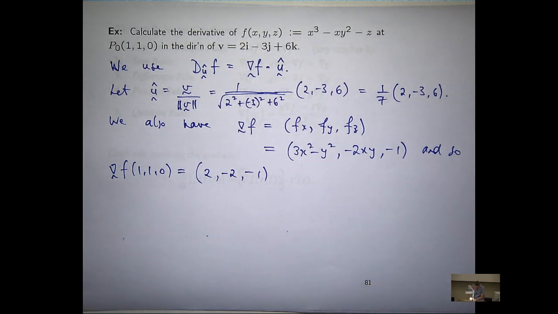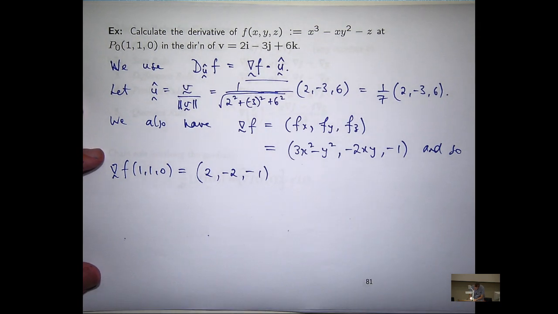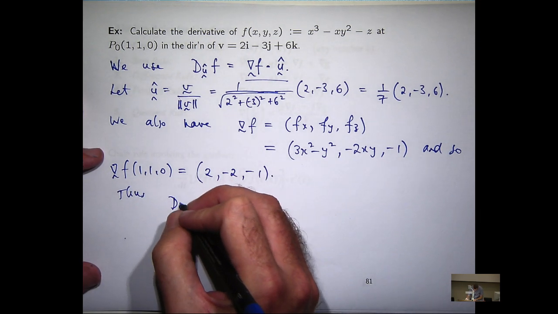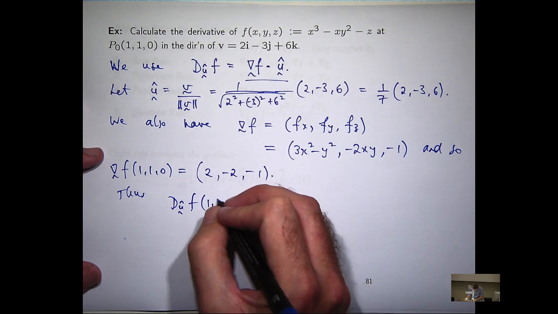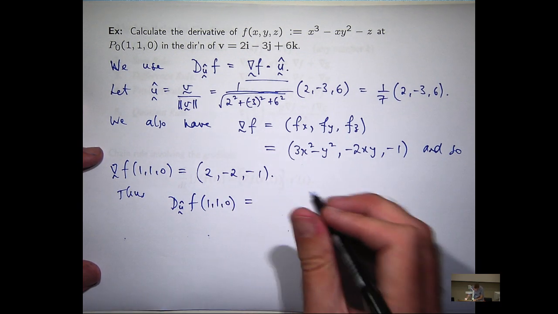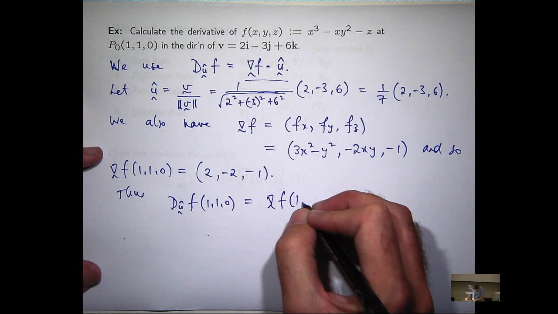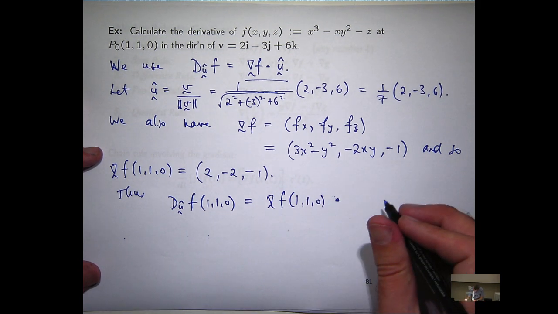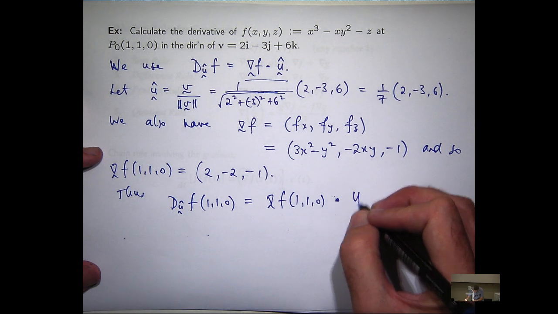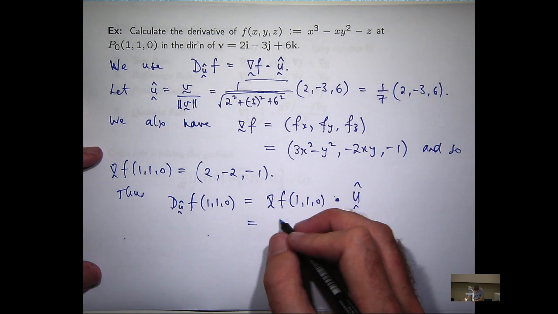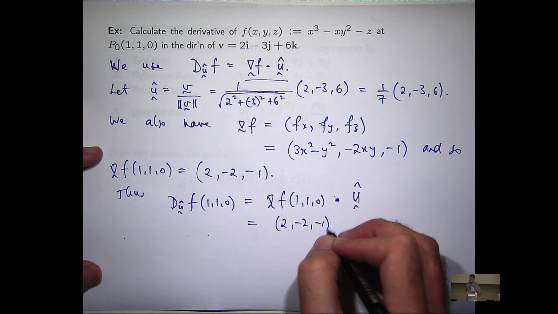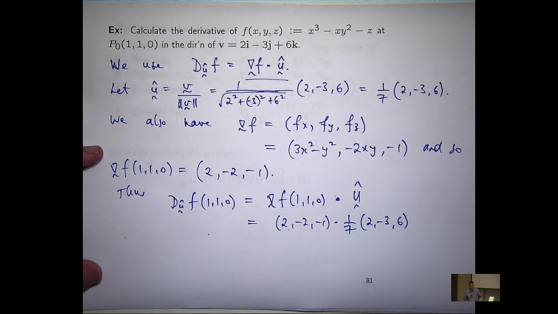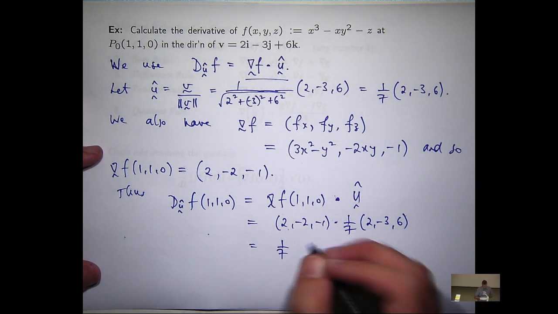Okay, so let's use this and dot it with the unit vector. Okay, so just a dot product. I'm just going to bring the 1/7 out the front.